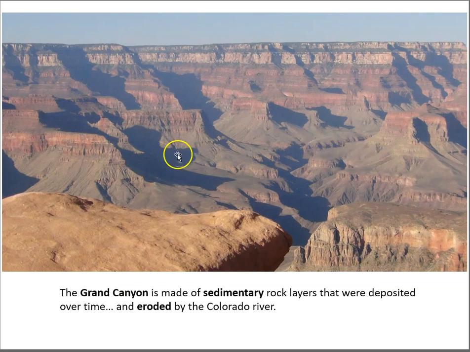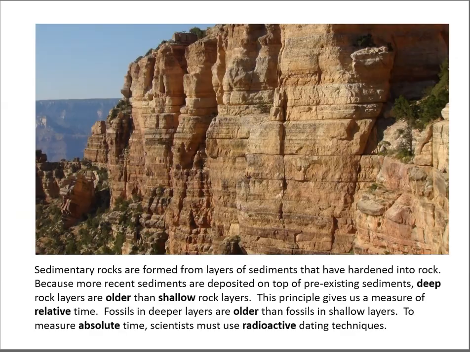Now, someplace like the Grand Canyon is a great place to go fossil hunting. It's made of sedimentary rock layers that were deposited over time and eroded by the Colorado River. Sedimentary rocks are formed from layers of sediments that have hardened into rock. And because more recent sediments are deposited on top of pre-existing sediments, deep rock layers are older than shallow rock layers.